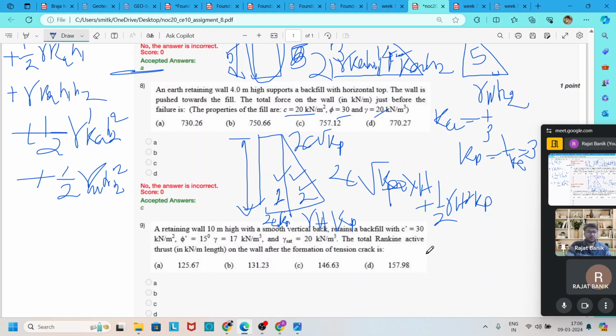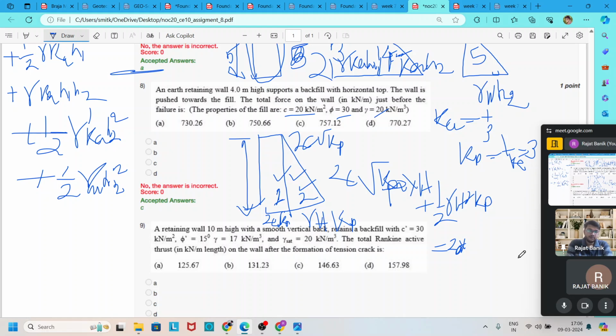So put all these values: 2c is 2 into 20, into root over 3, where 3 is the kp coefficient.